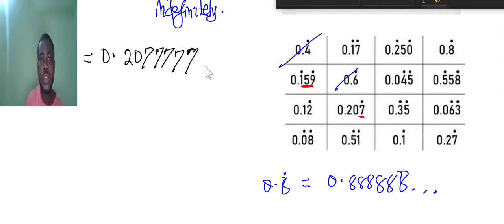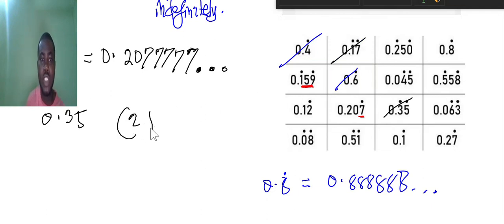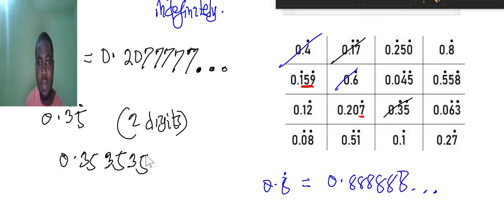So that's the recurrence. 0.35. Okay, so this is similar to this. We're repeating 2 digits. So the dot is on the 3 and the 5. So it's 0.35, 35, 35, like that.